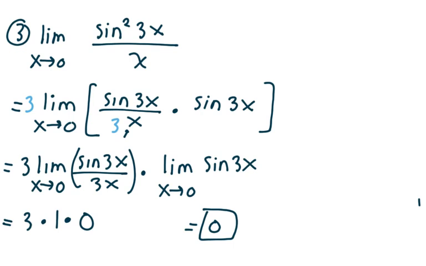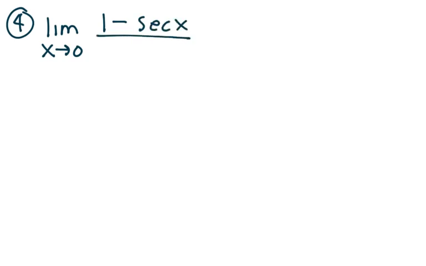If we take a look at example 4, there's some good problems in here. So if I take a look at the limit as x goes to 0 of, let's do this one, 1 minus secant x divided by 2x. And so what I'm going to do is I'm going to move that 1/2 basically to the outside.